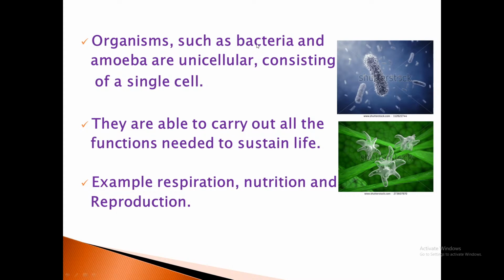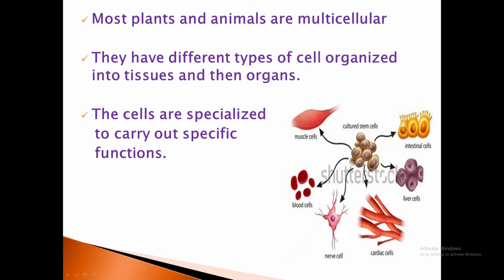Of course, all 7 characteristics can be associated with a bacterium, we just don't need to go through them individually, because we looked at the characteristics of living things last week.